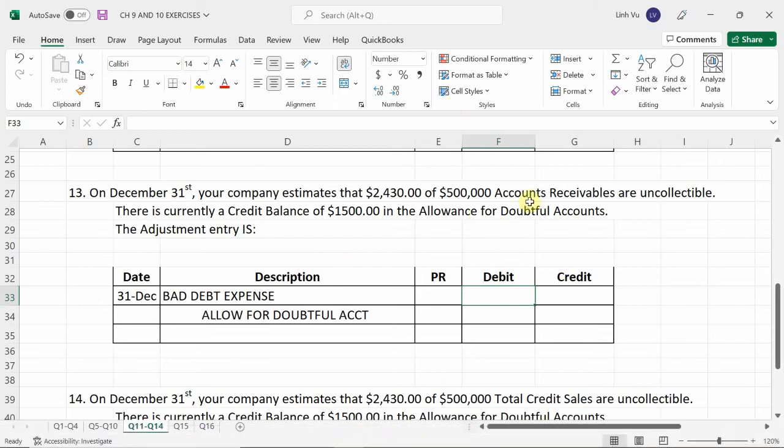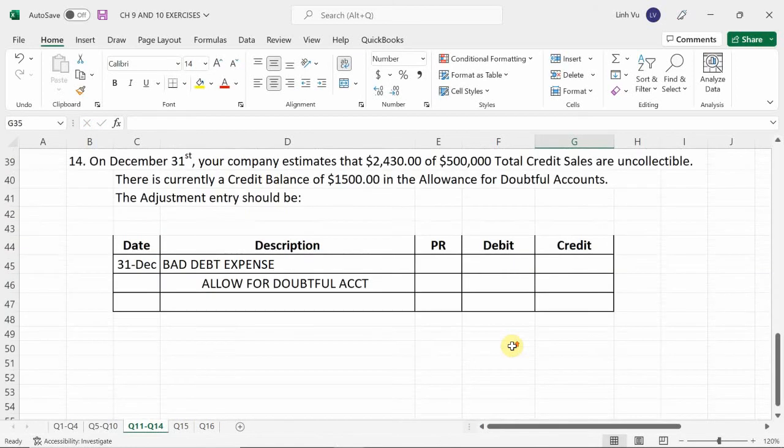Yes, but not total credit sales. We have a credit balance in the allowance for doubtful accounts. So in this case, you're going to take 2,430 and subtract 1,500. So what's that total going to be? $930. Okay.